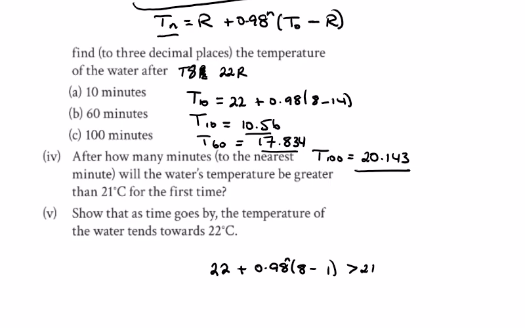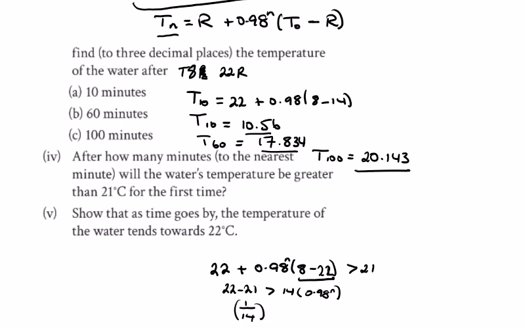So if I bring the 21 to the left, we're going to get 22 minus 21. And bringing the minus 14 to the right, it will become positive. We'll have 14 times 0.98 to the power of n. So this will be 1 on the left, divide by the 14.